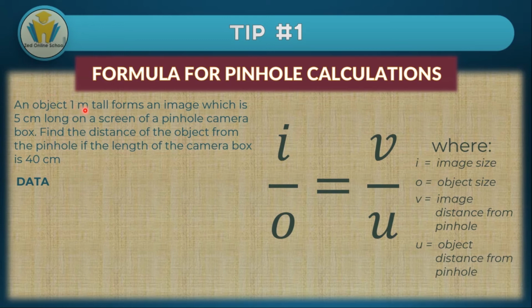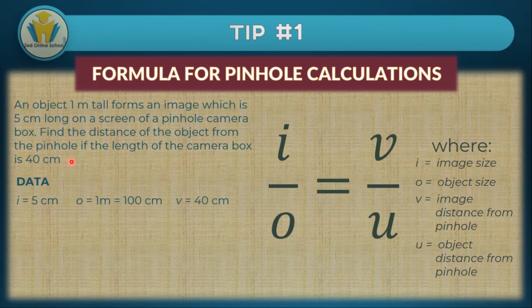The first thing we've been given is the object size, which is O. But if we check here, we've got this I here. So let's check if we've got the image size. Yes, we have it. We've been told 5 centimeters long on a screen, meaning that's the image size. So we've got the 5 centimeters, the 1 meter, and the 40 centimeters.